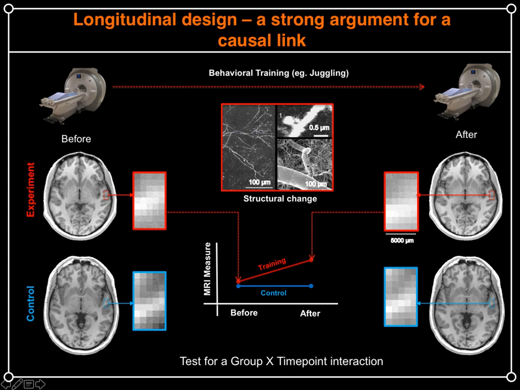You give them some training, let's say juggling, and you're assuming that there are some structural changes, possibly in axons, blood vasculature, and so on and so forth. After all the training, you image them in exactly the same scanner. The hypothesis is that the training is going to change the training group relative to the control group, with a significant change in a particular region, right? And this is usually tested using a group by time point interaction, where group is control and experimental group, and the time point is pre and post.